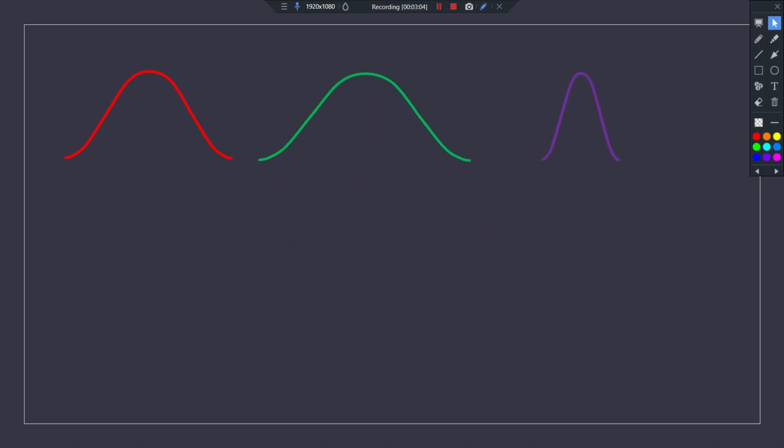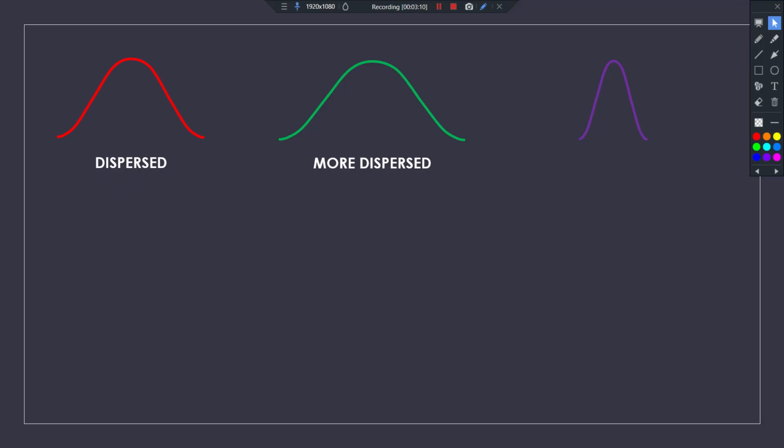So to take a closer look, the color red there is the bell curve, the more dispersed is the green, and the less dispersed is the purple. It tells something about our scores, and it can be interpreted that the test could be easy or hard.